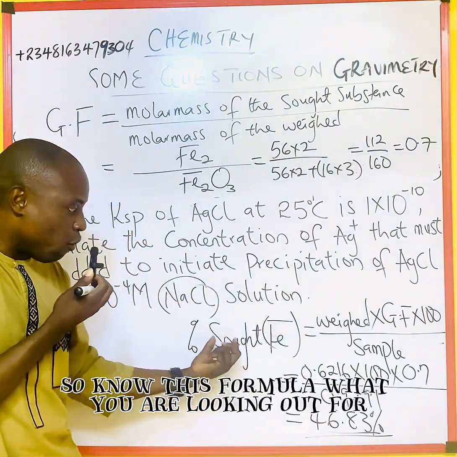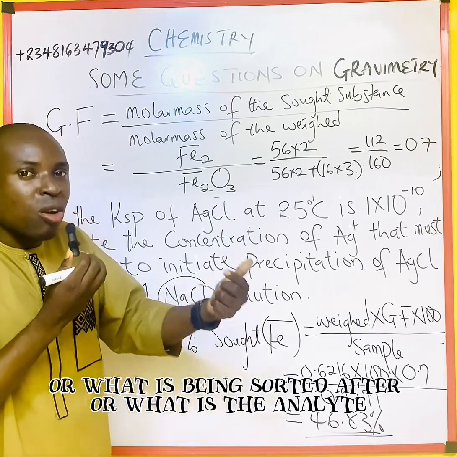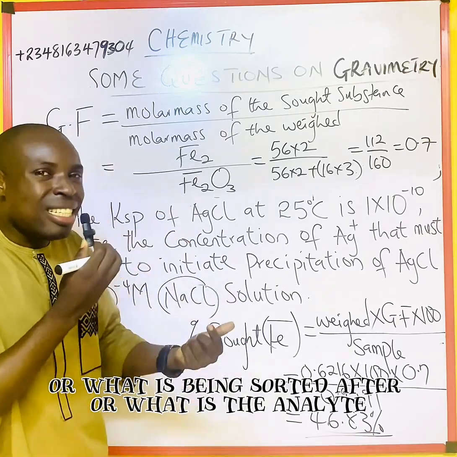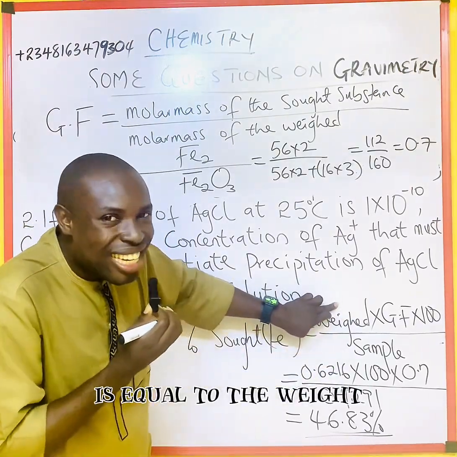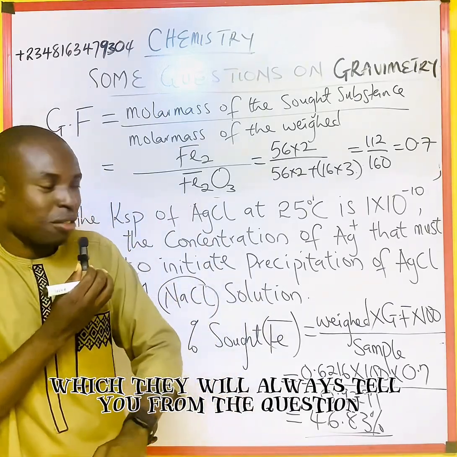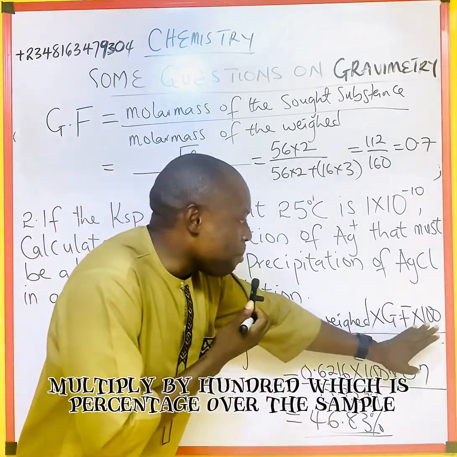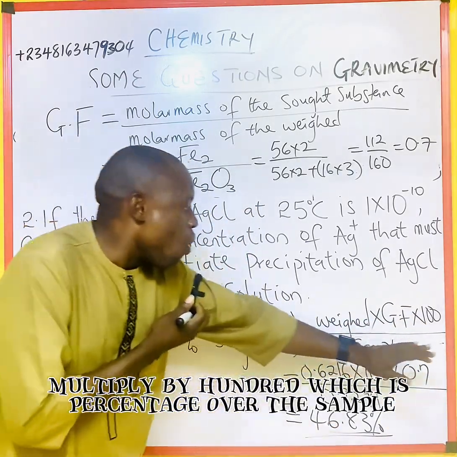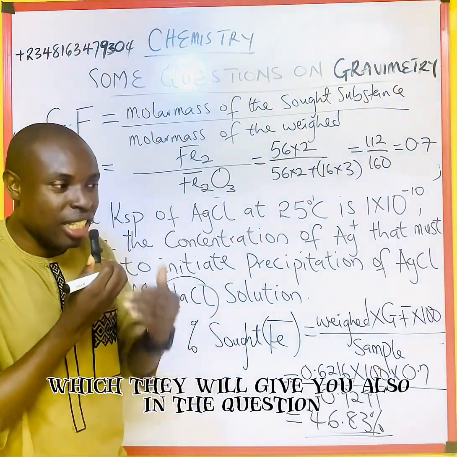So know this formula: what you are looking for, or the analyte, is equal to the mass of the weighed substance, which they will always tell you in the question, multiplied by the gravimetric factor, multiplied by 100, which is percentage, over the mass of the sample, which they will give you also in the question.